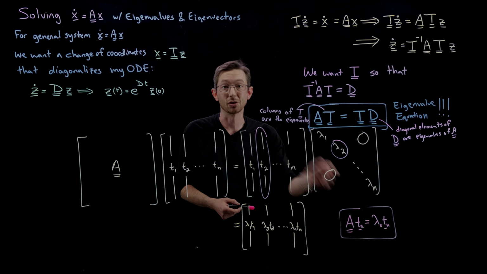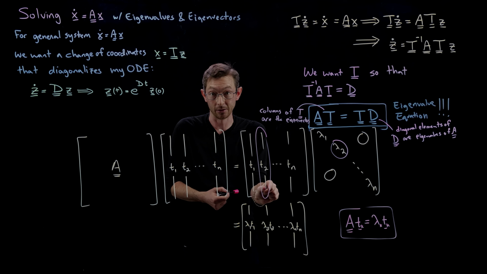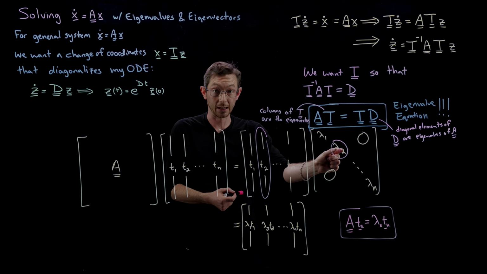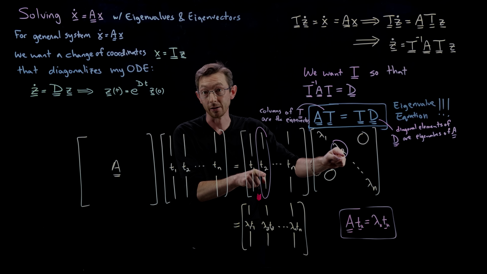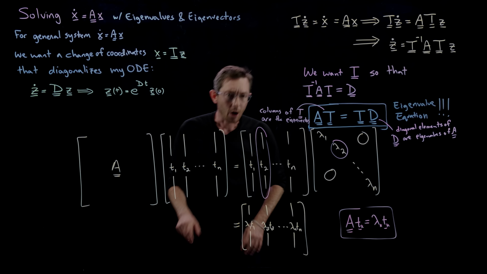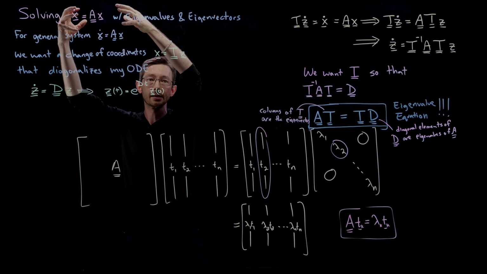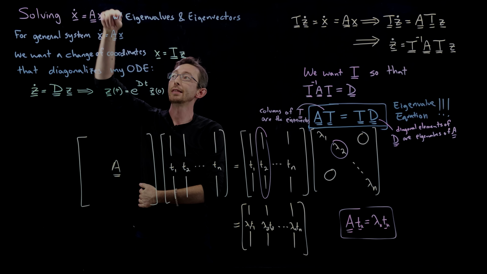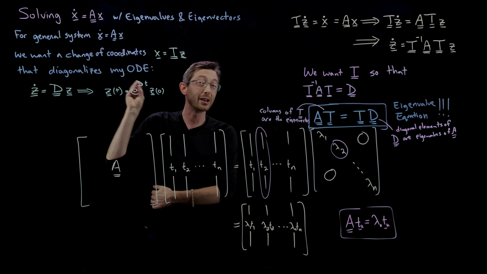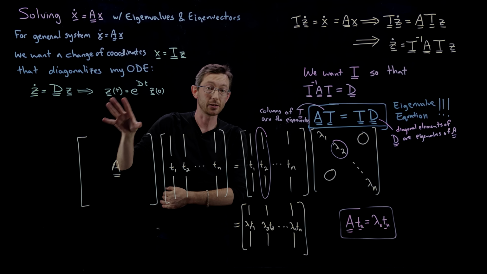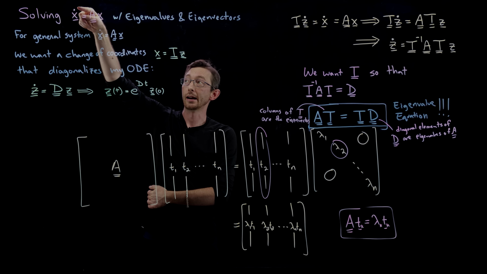Now here Tk is just a single eigenvector corresponding to that particular eigenvalue. These come in pairs, is what I'm trying to say. Okay, let's take a big step back. We want to solve these systems. Generically, they are not going to be diagonal. We know that we like diagonal systems because they're easy to solve, but generically they're not going to be diagonal.